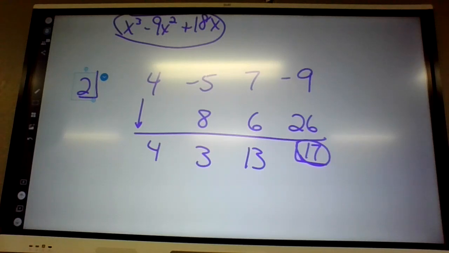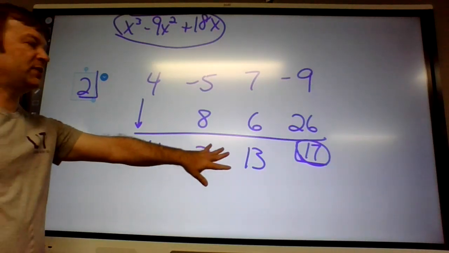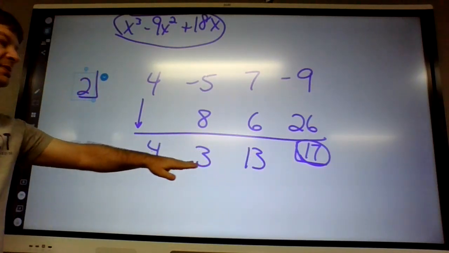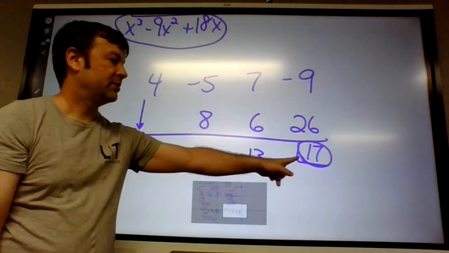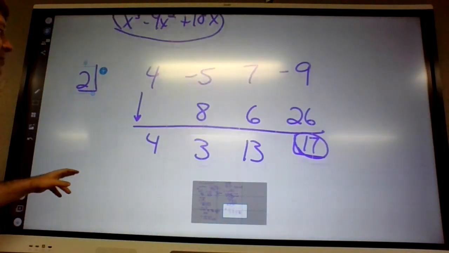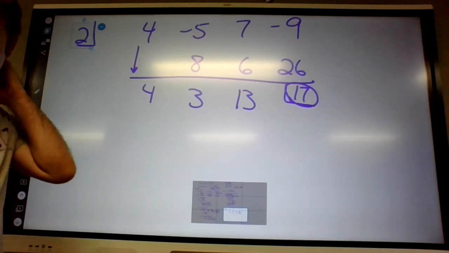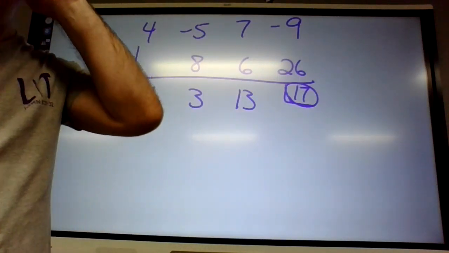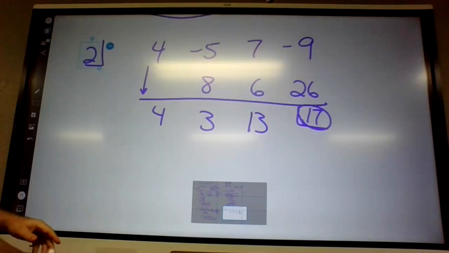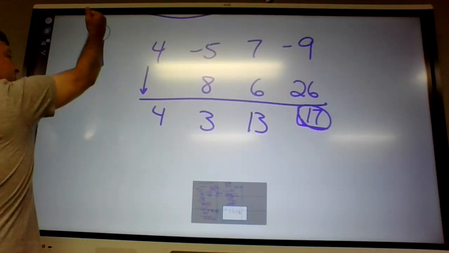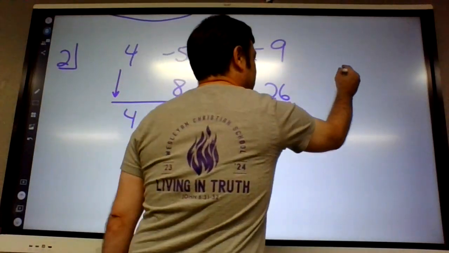So this tells us what we get if we plug in 2. It also tells us what we get if we divide by x minus 2: 4x squared plus 3x plus 13 with a remainder of 17. But we're not really doing synthetic division quite yet. Since I have the smart board, I'm going to cheat and put A is 17.